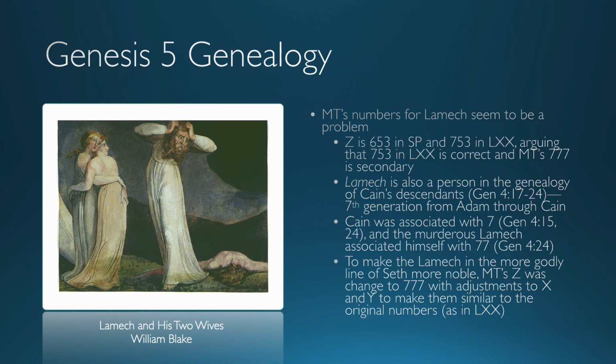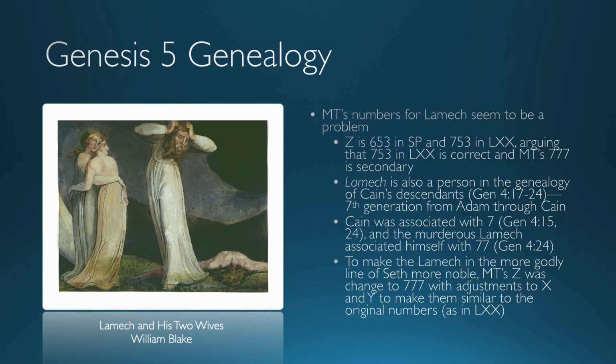The Masoretic text numbers for Lamech seem to be a problem. Z, the total years, is 653 in the Samaritan Pentateuch, 753 in the Septuagint, arguing that 753 in the Septuagint is correct, and the Masoretic text's 777 is secondary.